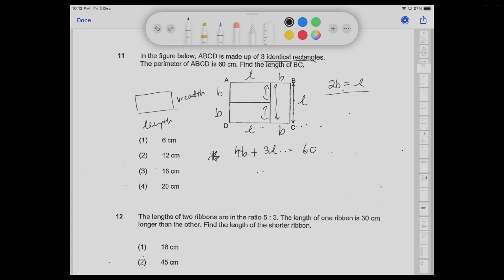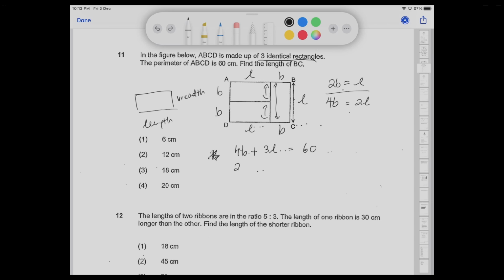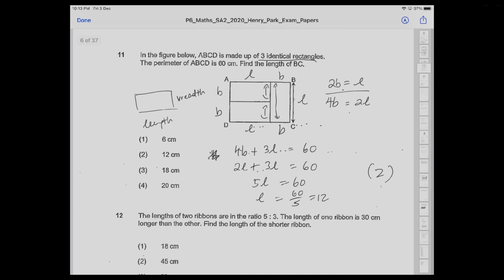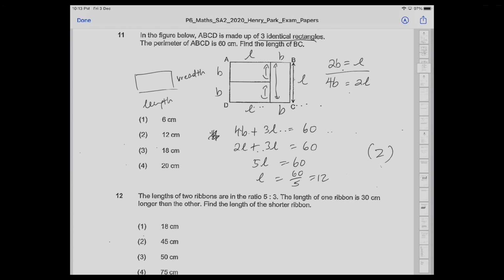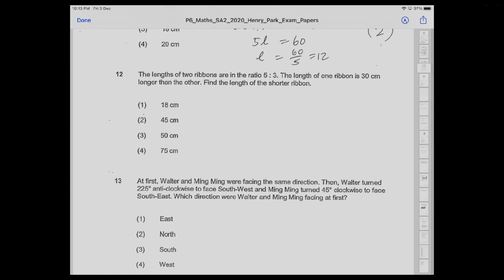We know that 2b equals L, so from here we can deduce that 4b equals 2l, because what we want to find is BC, which is L. So we want to make all of it L. So this is just 2l plus 3l, 5l equals 60. L is 60 over 5, which is 12. The answer is 2. If you want to check, you can substitute in the values, but it's essentially 2.